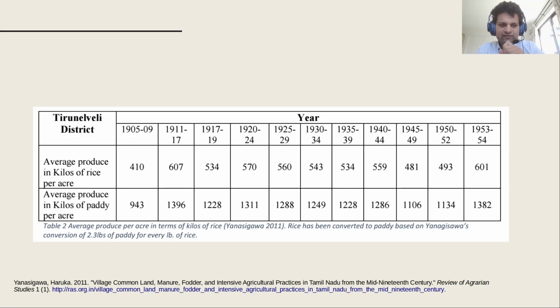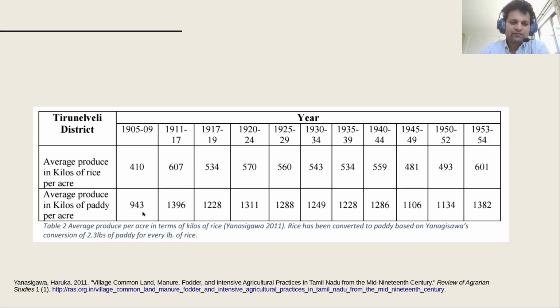The next table is just from Yanasigawa, and he's given the data for Tirunelveli district. Here he has converted the kilos of paddy per acre, which is in the lower row, into kilos of rice per acre. So you can see, as I've pointed out, paddy will obviously have more weight and bulk than the rice itself.